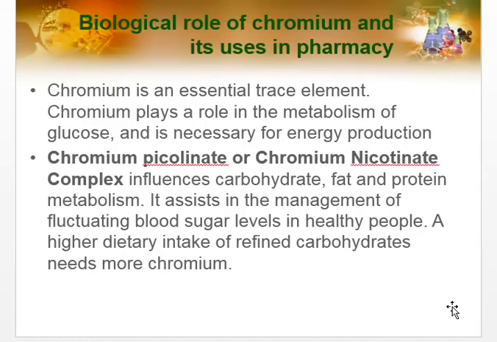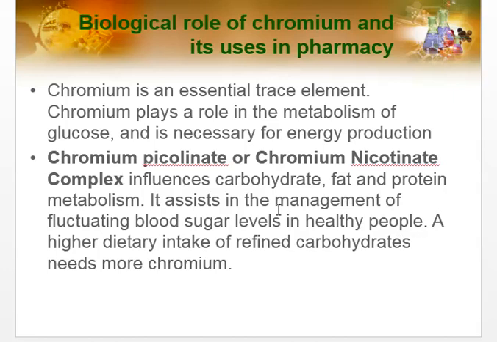But how can we use chromium in pharmacy? Chromium is an essential trace element. Chromium plays a role in the metabolism of glucose and it's necessary for energy production. Chromium picolinate or chromium nicotinate complex influences carbohydrate, fat and protein metabolism.